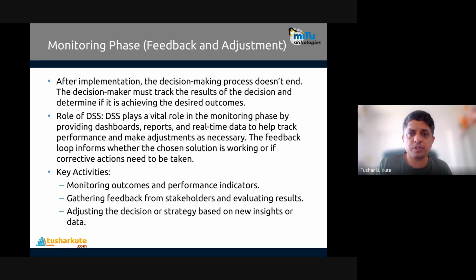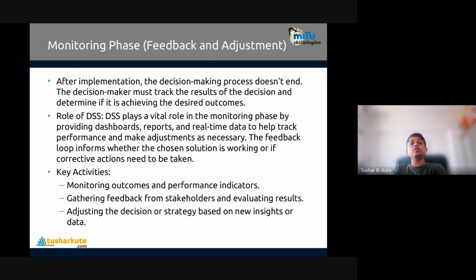These are Simon's processes. One extra phase is also possible: monitoring. Just like you may have learned about the software development lifecycle, where the last step is maintenance, it's something like that. After everything is implemented, the decision-making process doesn't end.